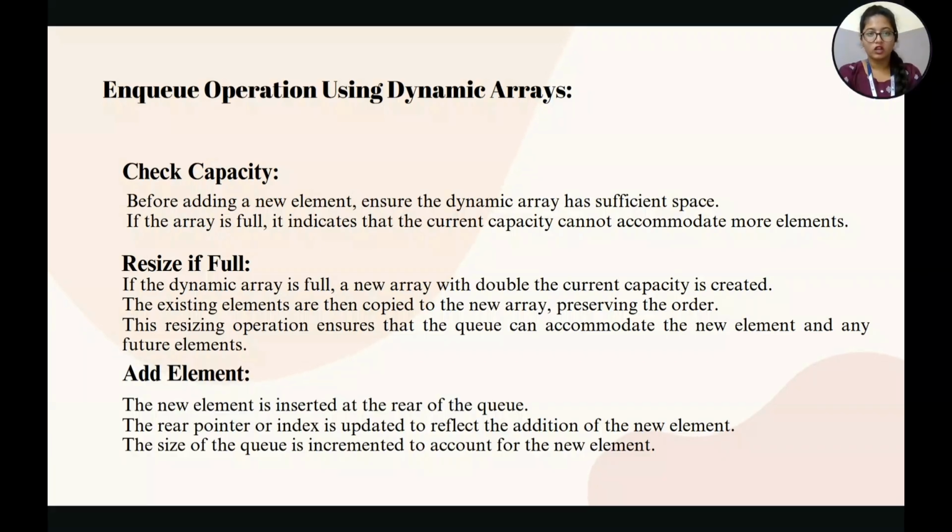Resize if full. If the dynamic array is full, a new array with double the current capacity is created. The existing elements are then copied to the new array, preserving the order. This resizing operation ensures that the queue can accommodate the new element and any future elements.